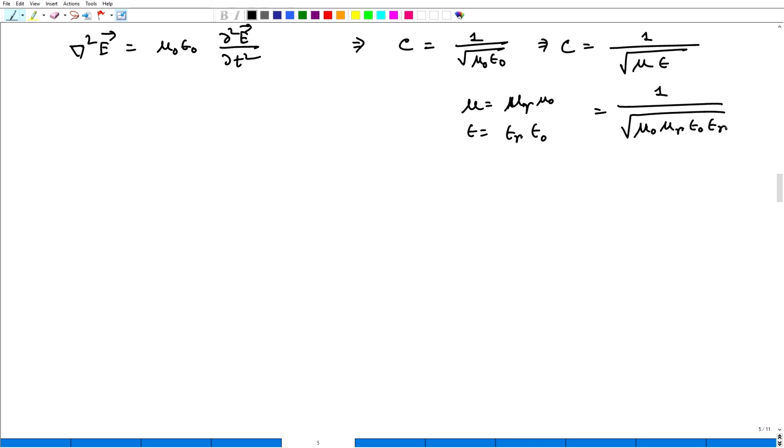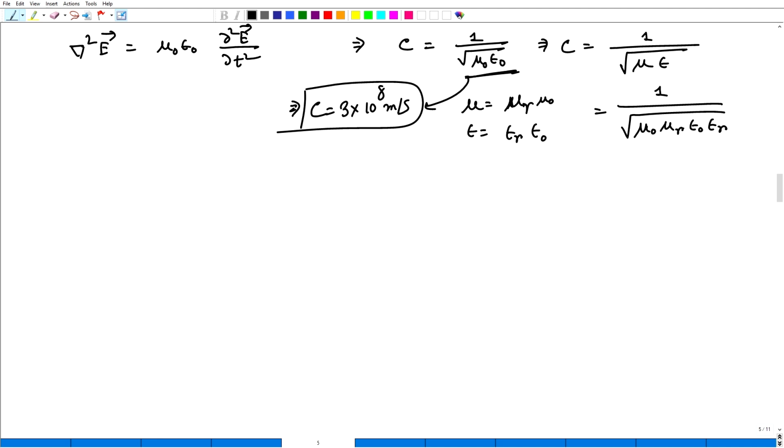Okay. So, these have standard values. If we put these values in here, then we can evaluate the value of c, which is around 3 into 10 to the power 8 meter per second theoretically, and experimentally also we can confirm that our speed of light matches with this theoretical result, which essentially supports that light is an electromagnetic radiation.